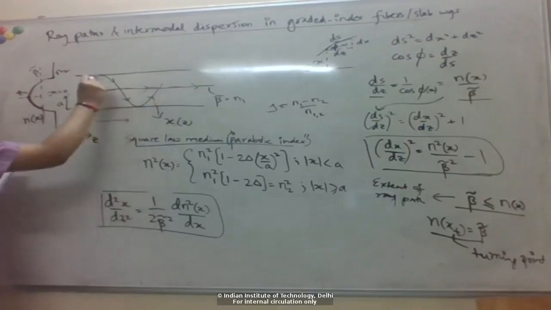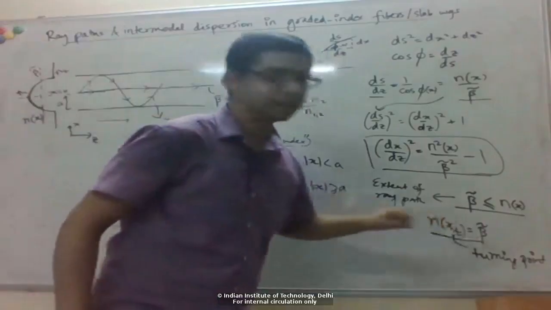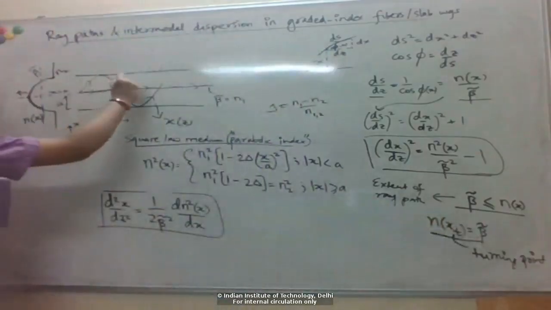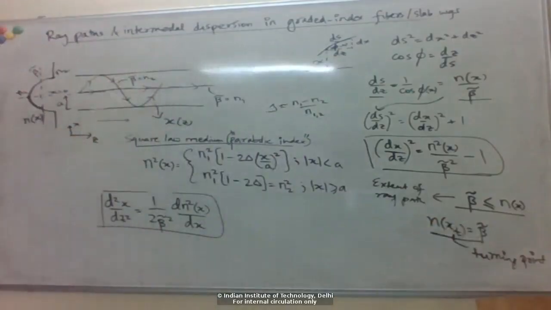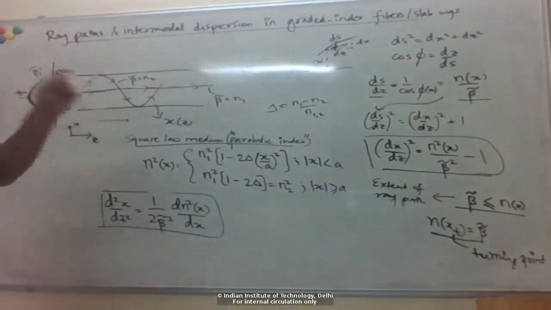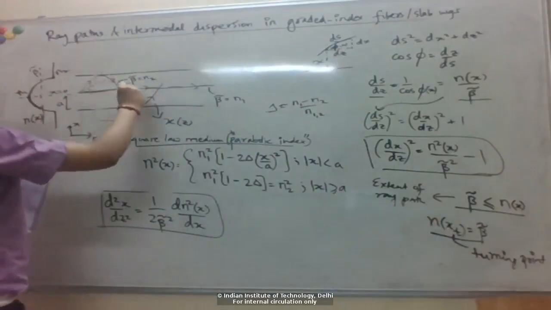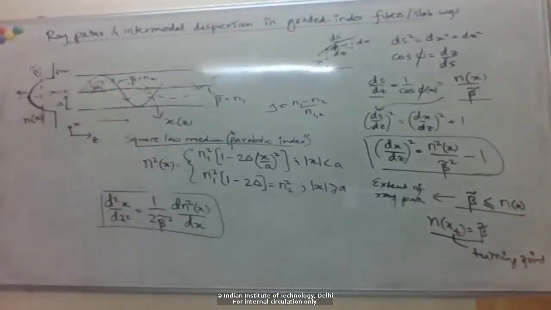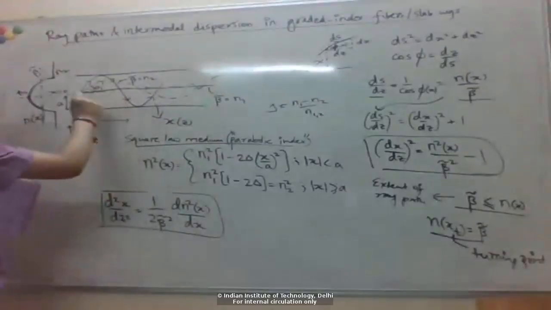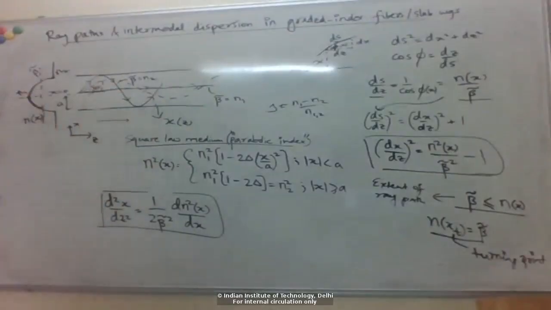that means the turning point is where n becomes equal to n2. From here you can see the turning point is where n becomes equal to beta, so this ray corresponds to beta tilde being equal to n2. These are the two extremes, and for any value between n1 and n2, you'll have ray paths going like that. So for any angle theta i such that n1 cosine theta i, which is equal to beta, lies between n1 and n2.